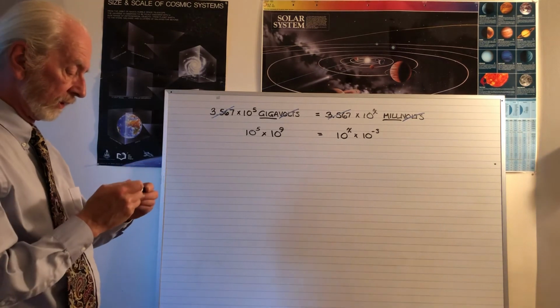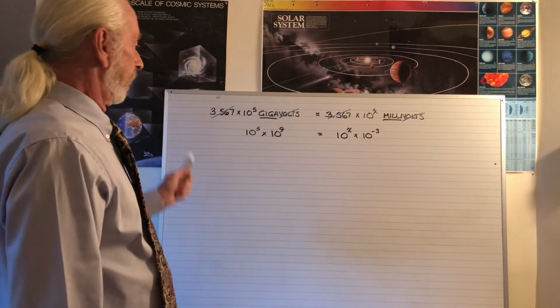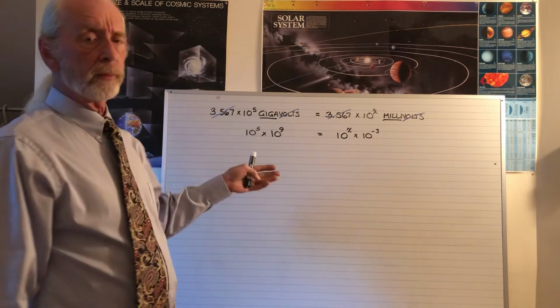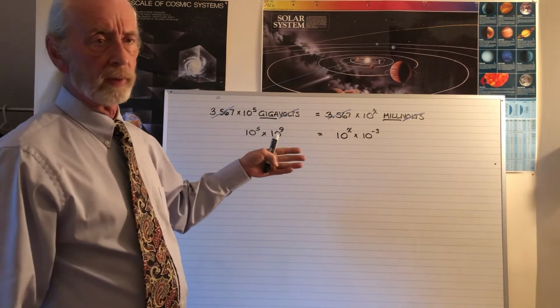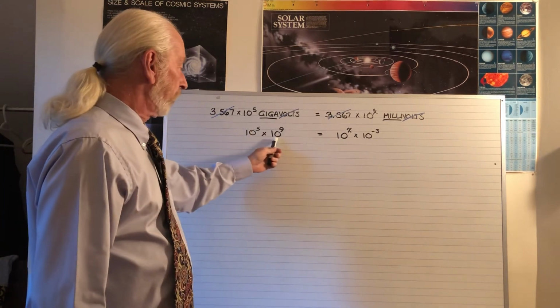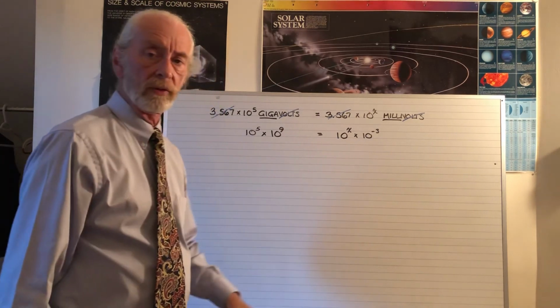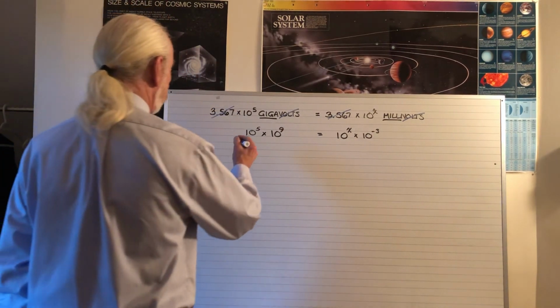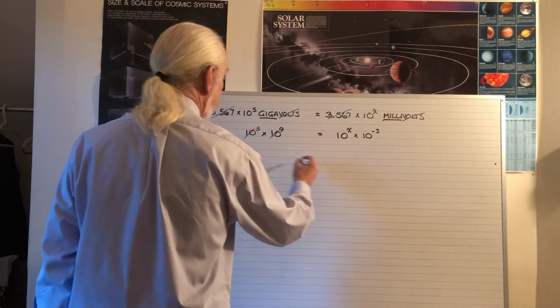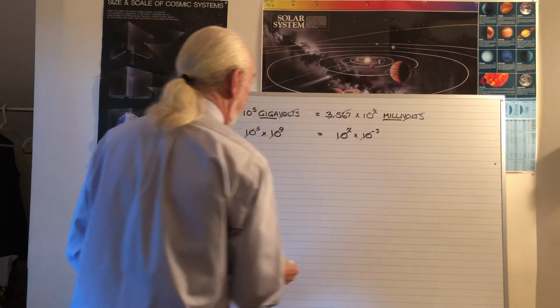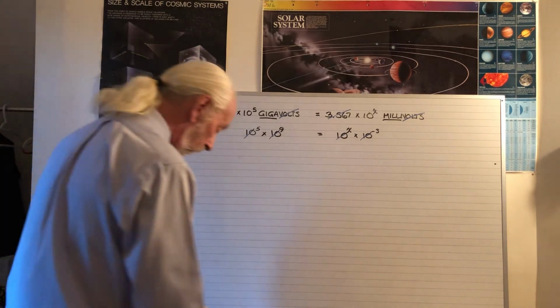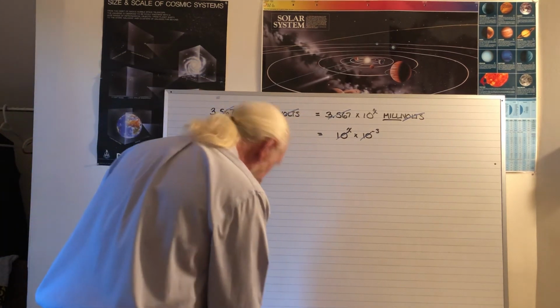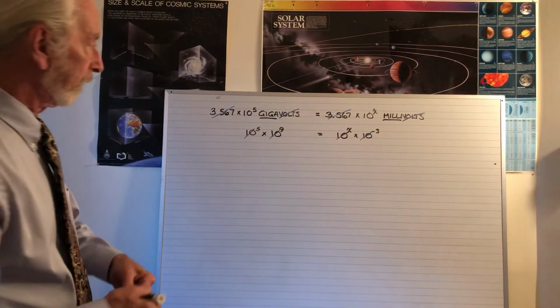Now again, look at this. We have multiplication problems involving exponents. Are the bases going to change? And the answer is no, they're not. So I'm going to get rid of the bases. And what do we do with exponents when we're multiplying? Well, we add them. So here's what the problem really comes down to.